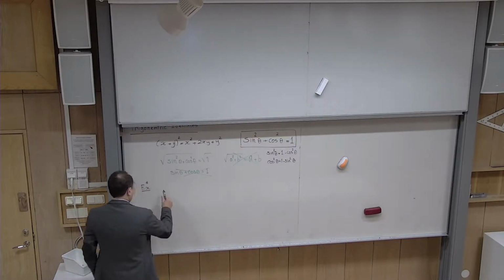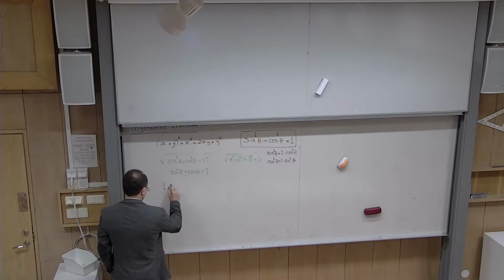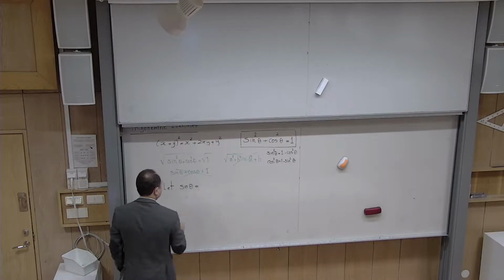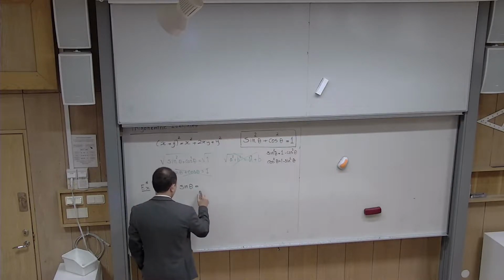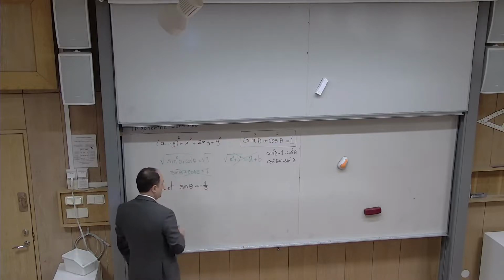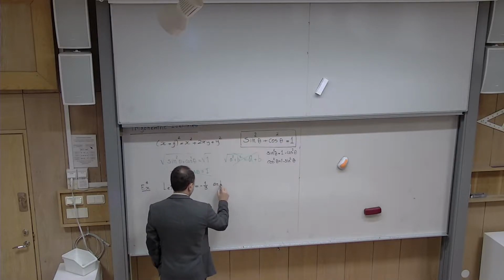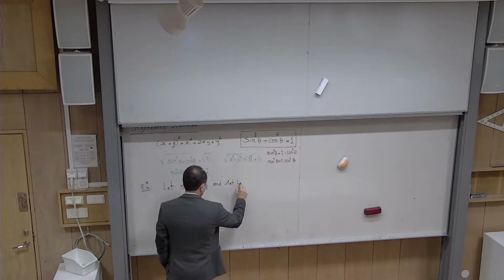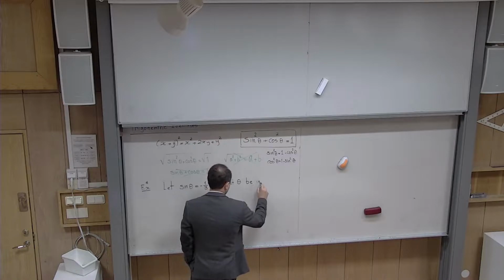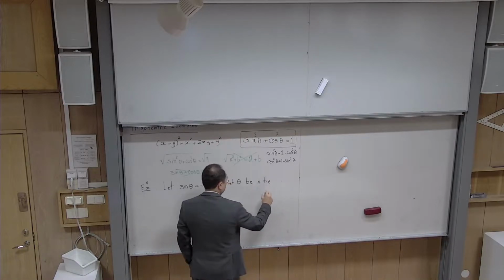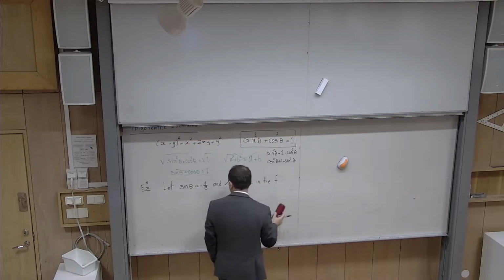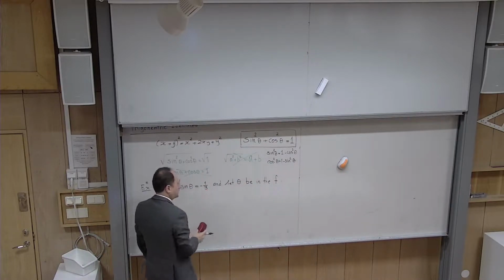So, I would say let sine theta be equal to, say, for example, minus 1/3, and let theta be in the first quadrant. Sorry. In the first quadrant is a contradiction, yes? Because in the first quadrant, sine cannot be negative.